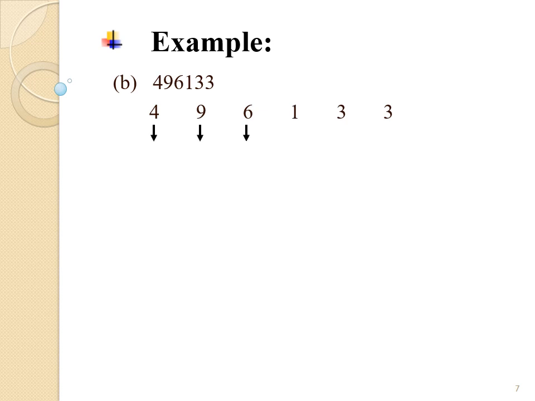Now, example B. 4,96,133 by pattern number 2. Students, look at this number pattern. This number represents O, that is odd, and E, that is even.